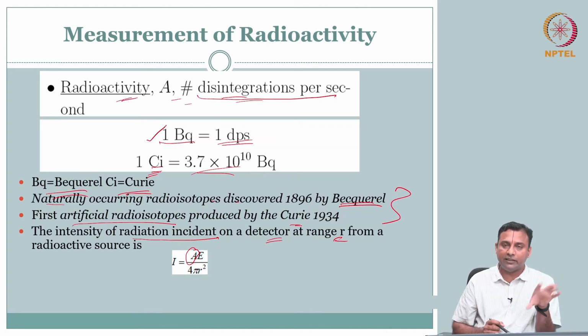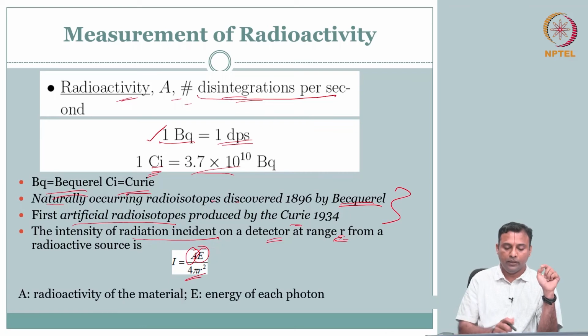Each disintegration is giving some h nu out. That is your energy. So this is your inverse square law, 4 pi r squared. Remember, this is the intensity that will fall on the detector at distance r due to radioactivity. Of course, A is the radioactivity of the material.